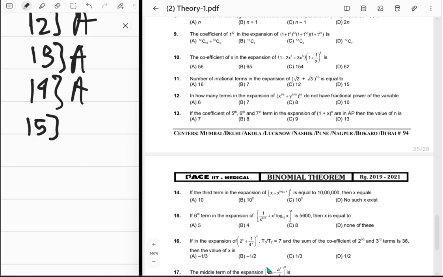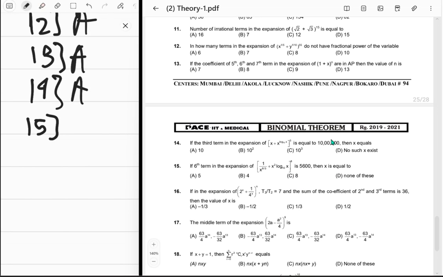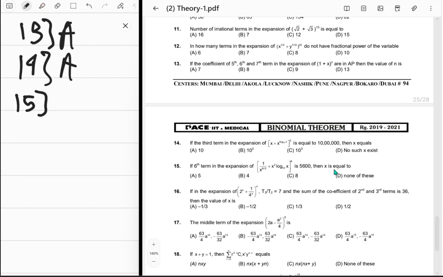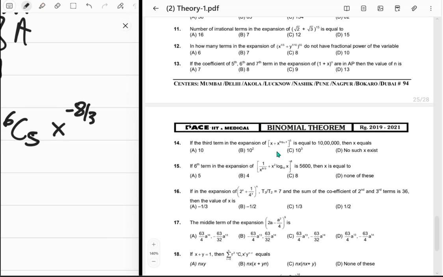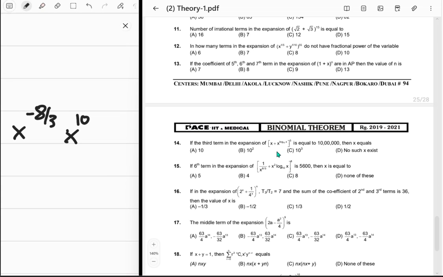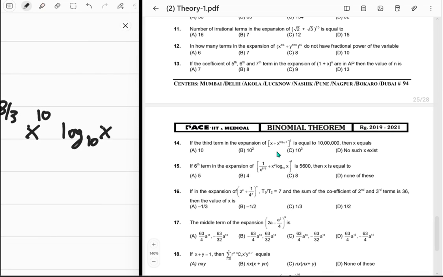Okay, 15th. If the sixth term in the expansion of this is 5600, then x is equal to. Okay, so the sixth term is r equal to 5. So 6c5, and then you got x power negative 8 upon 3 to the power of 1, and then this thing to the power of 5, and you got log base 10 of x to the power of 5.